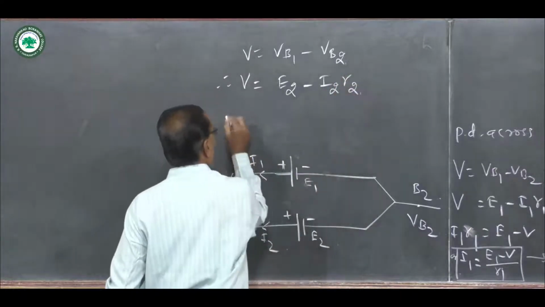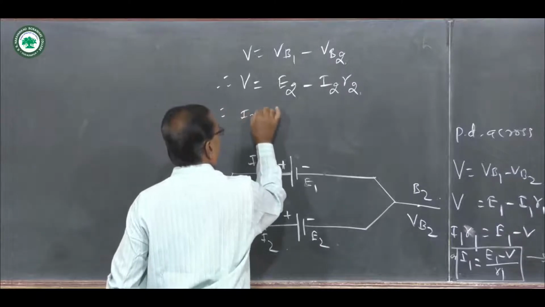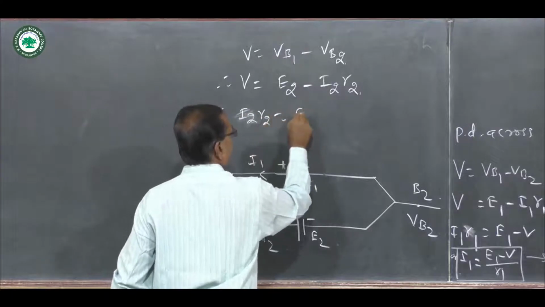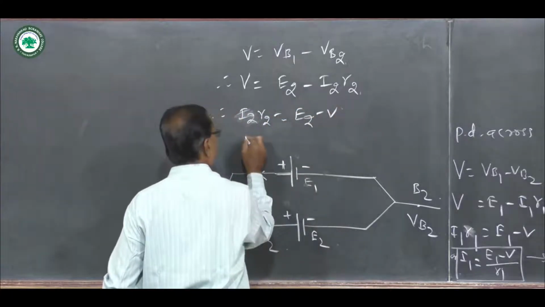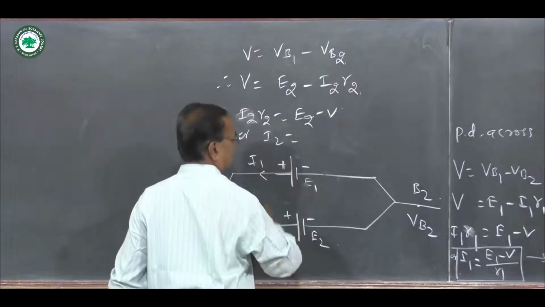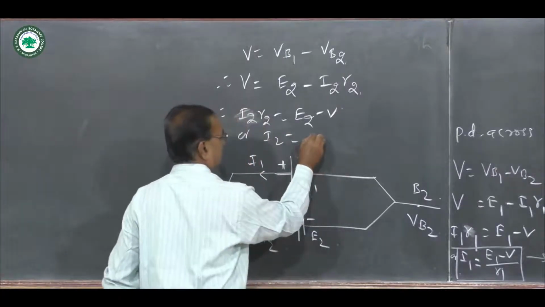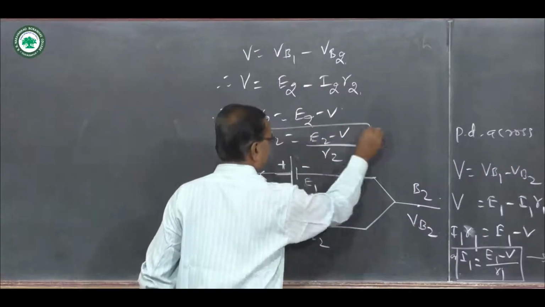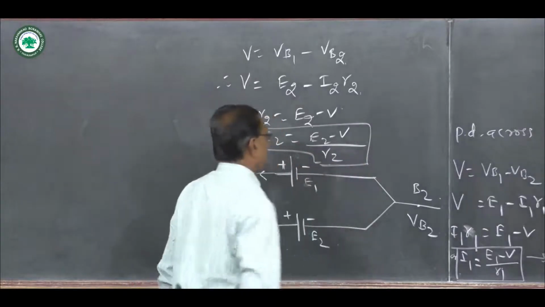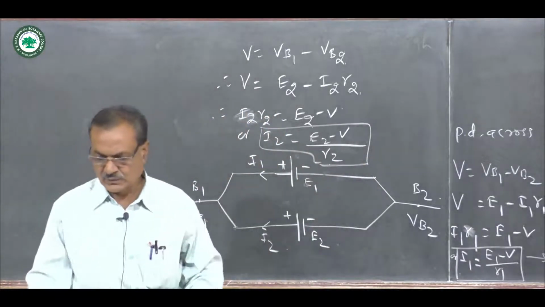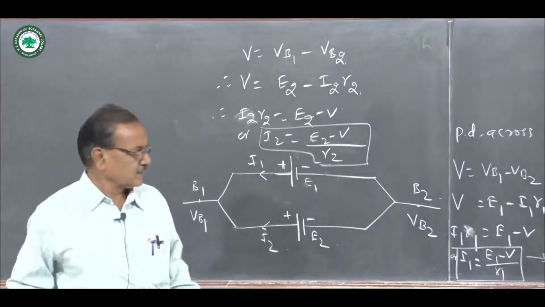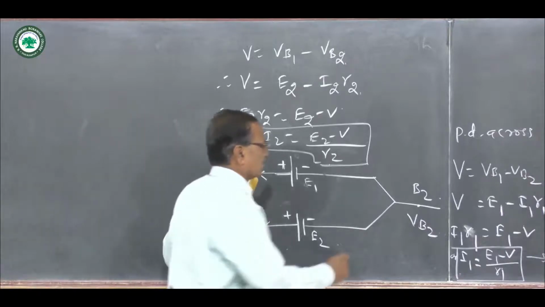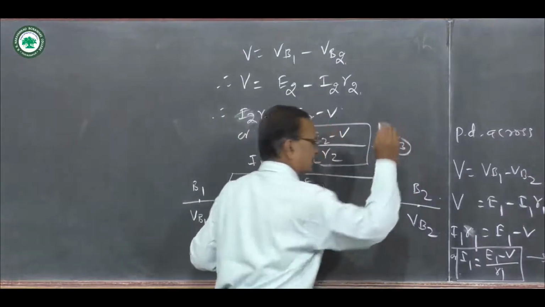Therefore I2 R2 is equal to E2 minus V, or I2 is equal to E2 minus V upon R2. This is the value of current I2 flowing through the second cell. Suppose we write it as equation number 3.